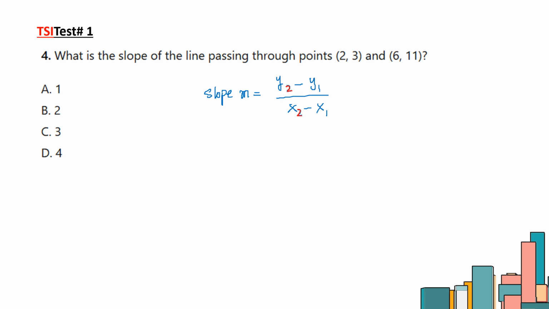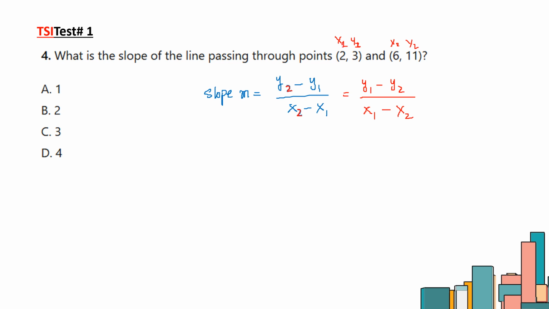If you start with the first point, it can be correct as well: y1 minus y2 on top, and x1 minus x2 at the bottom. I call this one x1, this is my y1, and this is my x2, this is my y2.